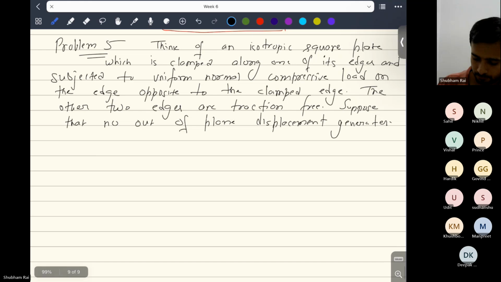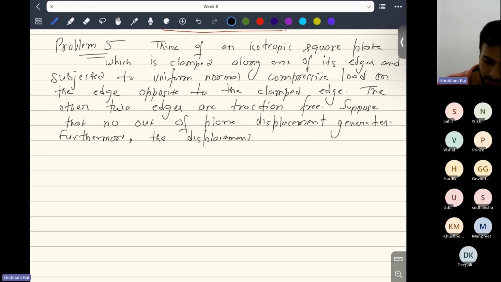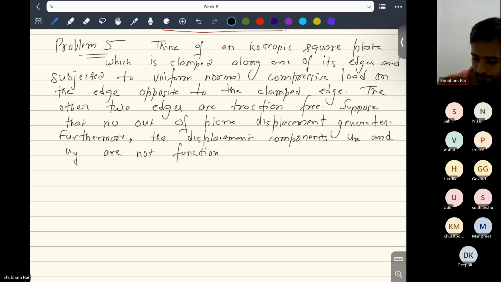Furthermore, the displacement components ux and uy are not functions of z either. Okay.